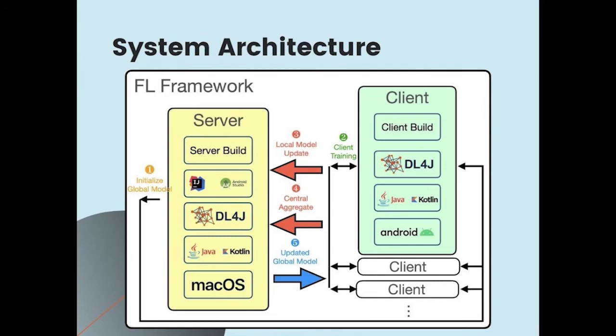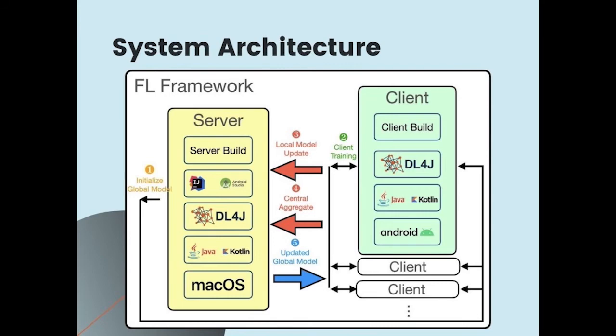The first step, the server generates an initialized global model in the initial stage, and then transmits the global model to each connected client. In the second step, the client receives the initialized global model. The third step is to train this model and upload the updated model parameters to the server.